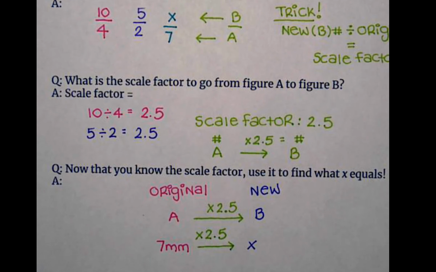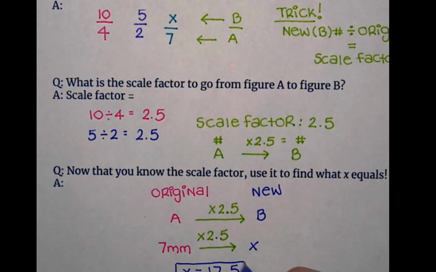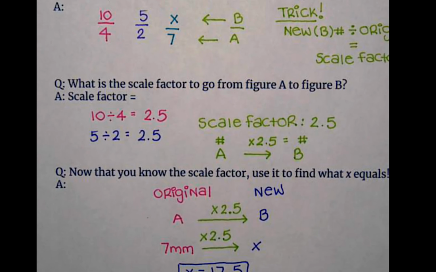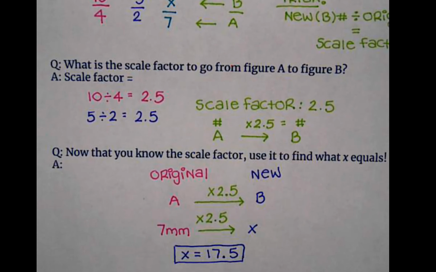And when we times 7 by 2.5, we get 17.5. Oops, it's a little cut off. Hopefully you can see it. Okay, we get 17.5 for x.